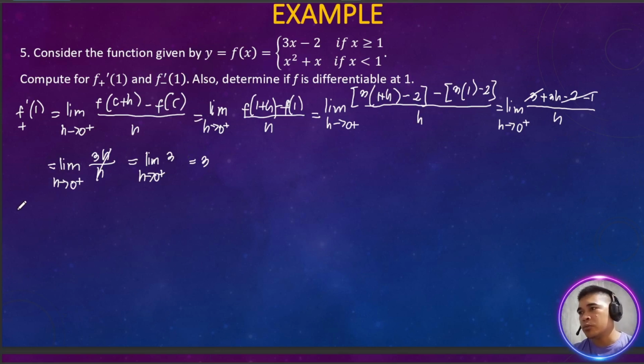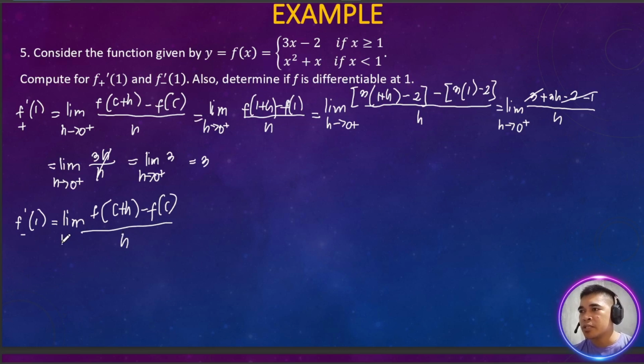Now let's go to the left-hand derivative of function f at point 1. We got the limit of f of c plus h minus f of c over h as h approaches 0 from the left. So we get here the limit of f of c, which is 1, so 1 plus h minus f of 1 all over h as h approaches 0 from the left.